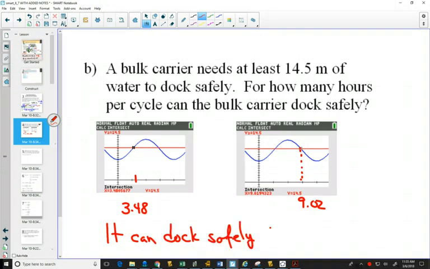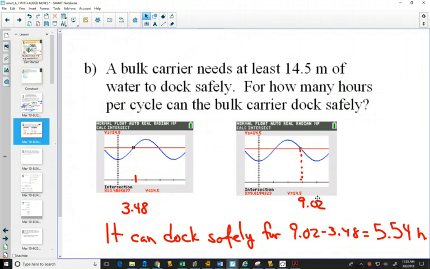It can dock safely for 9.02 minus 3.48, which is equal to 5.54 hours. It can dock safely for 5.54 hours.